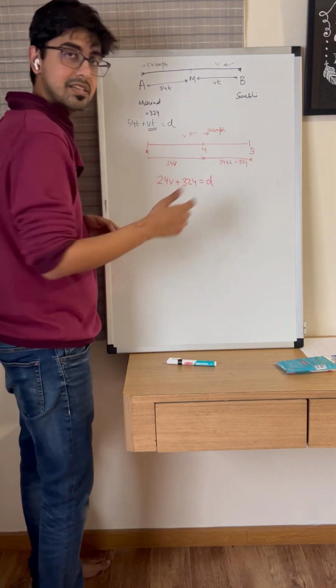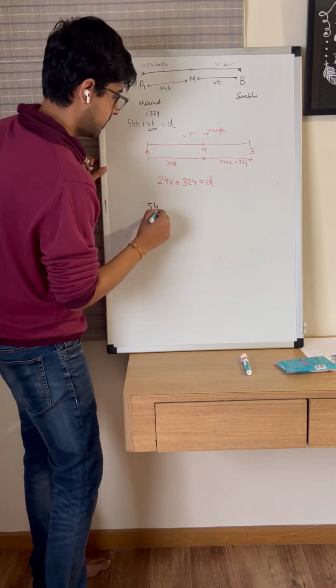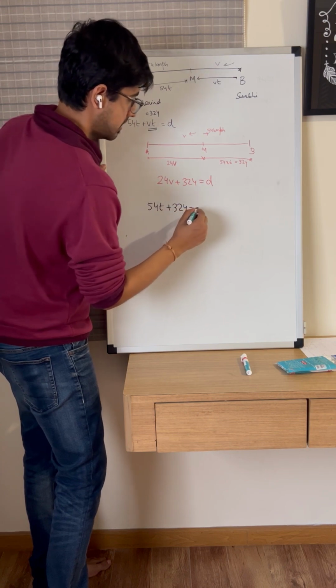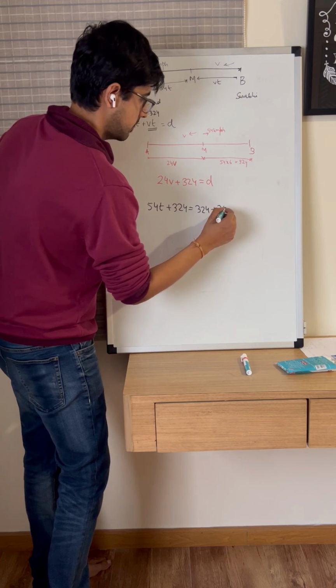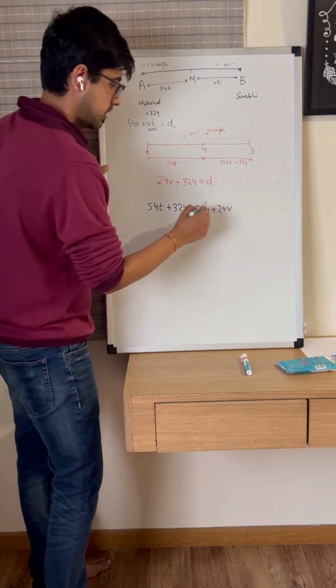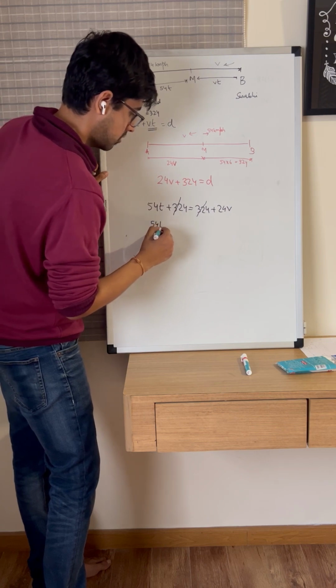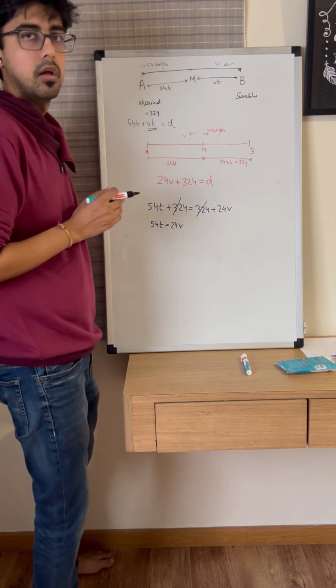However, these distances are same. So it brings me to the fact that 54T plus 324 is equal to 324 plus 24V. 324 cancel. 54T is equal to 24V.